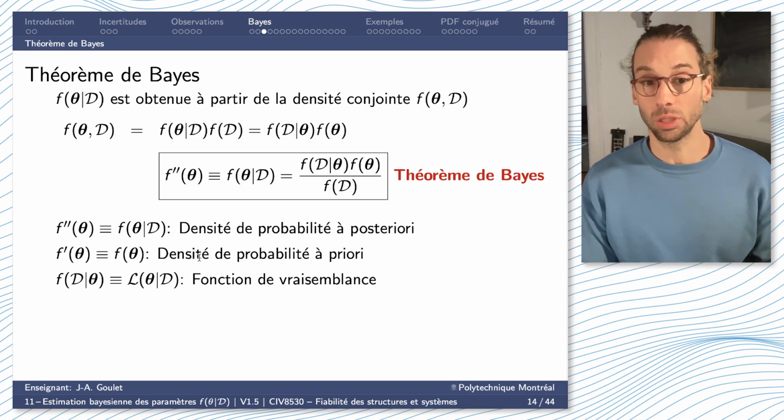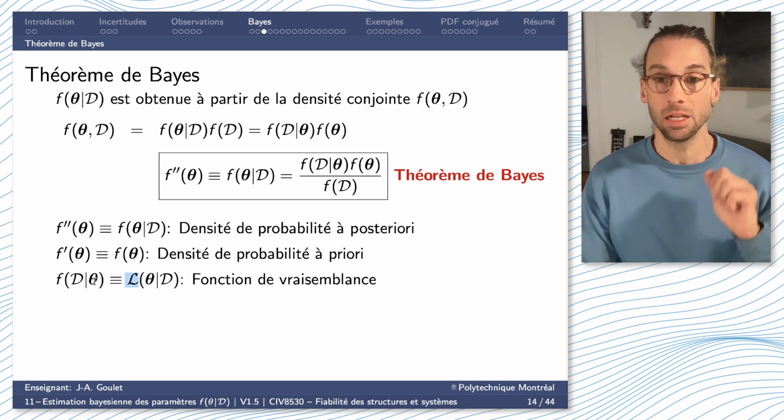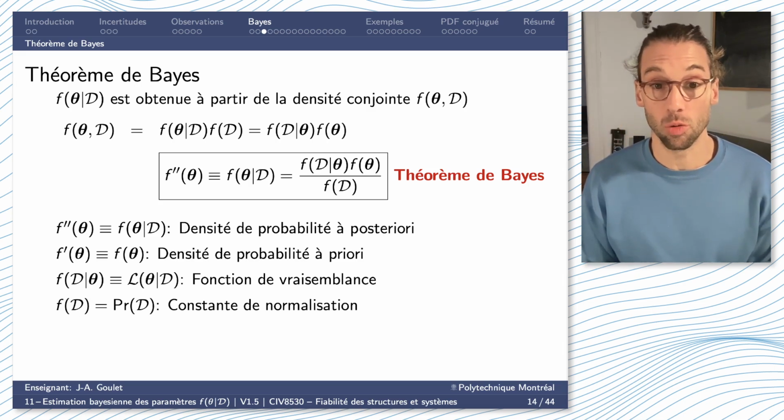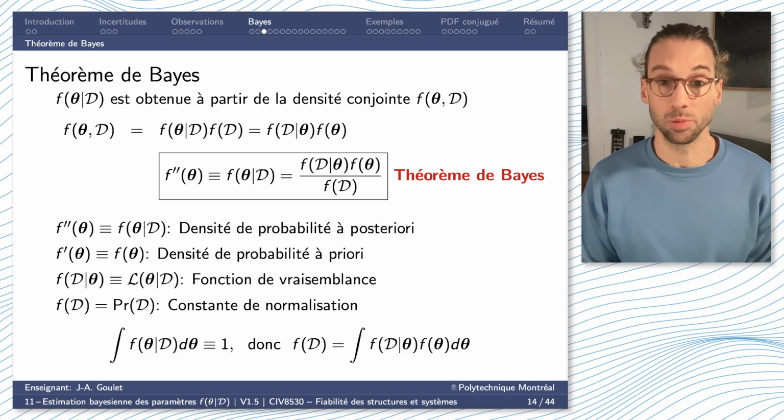The alternative notation is to use that L representation, which represents the likelihood of the data given the parameters. But the way to read it is always the same thing: the probability of the data given the parameters. f of d is my normalization constant. What is the probability of observing my data in the first place?